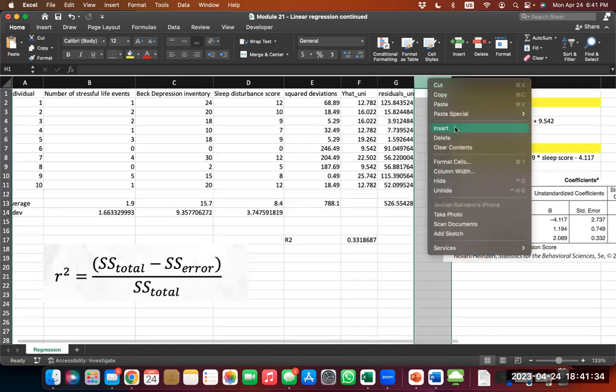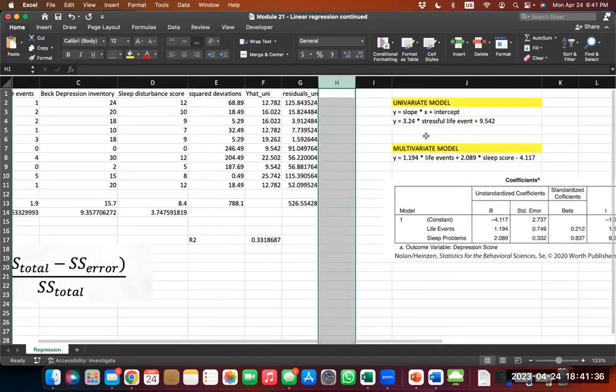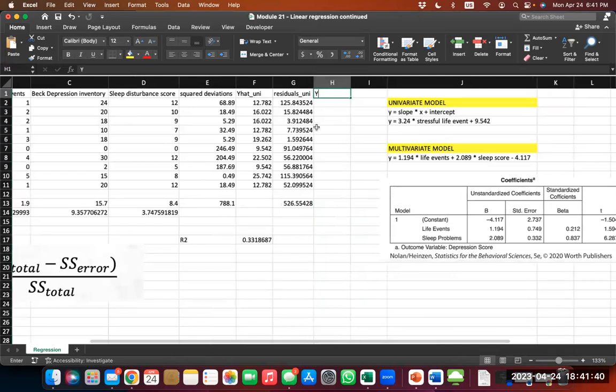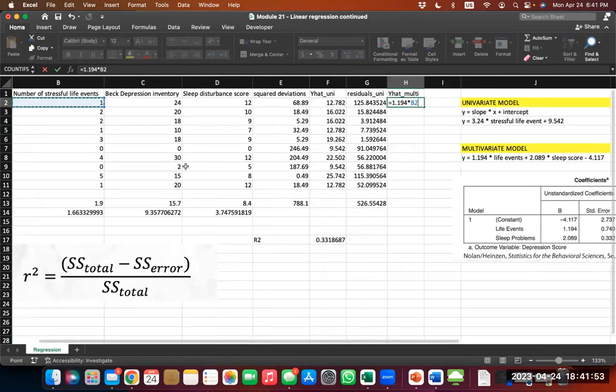If we do the same exercise now with our multivariable model, we calculate y hat multi as 1.194 multiplied by the number of stressful life events, plus 2.089 multiplied by the sleep score, minus 4.117.